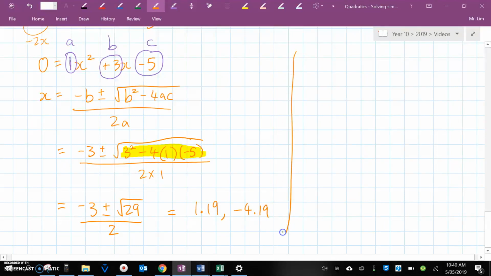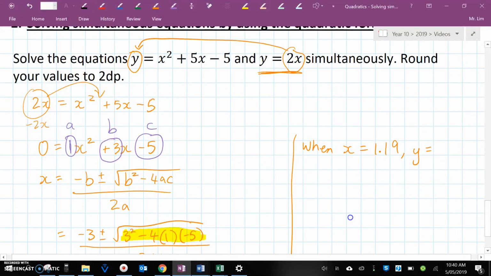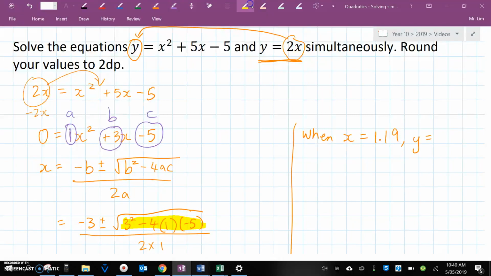So, when x is equal to 1.19, y is equal to, I'm going to use this one, 2x, 2 times 1.19, which is 2.38.